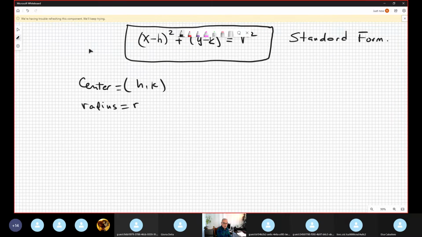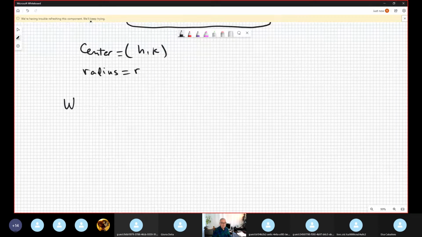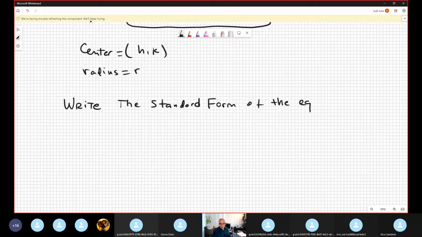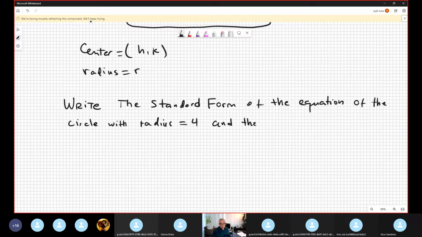Suppose I need to write the standard form of the equation of the circle with radius r equal to 4, and the center is the point 2, 8, 4. Oh, it looks easy.